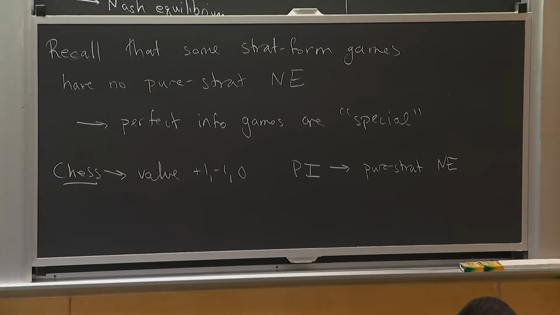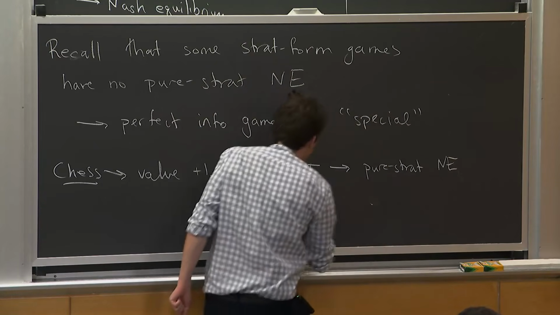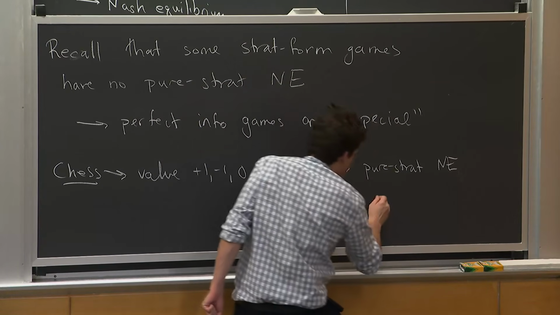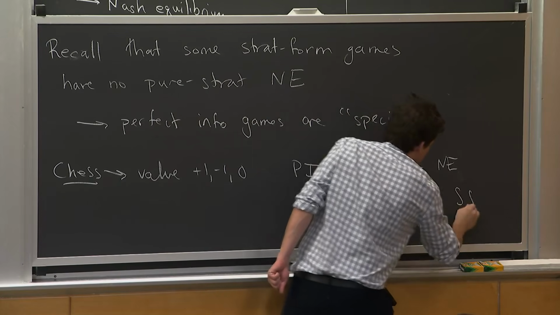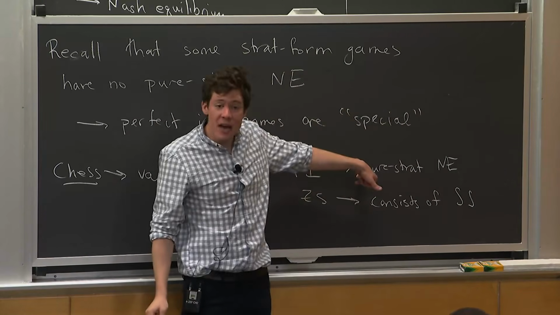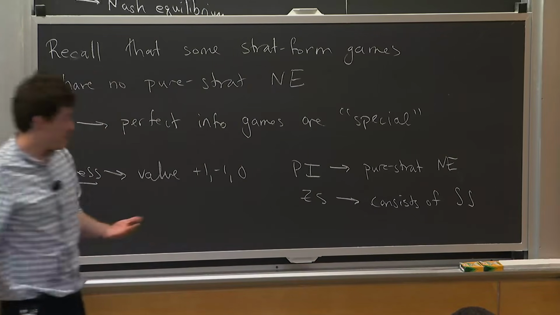And because it's a zero-sum game, I know that in that pure strategy Nash equilibrium, each player is actually playing a security strategy. So it must consist of security strategies. And the payoff in that pure strategy Nash equilibrium consisting of security strategies is exactly the value of the game.